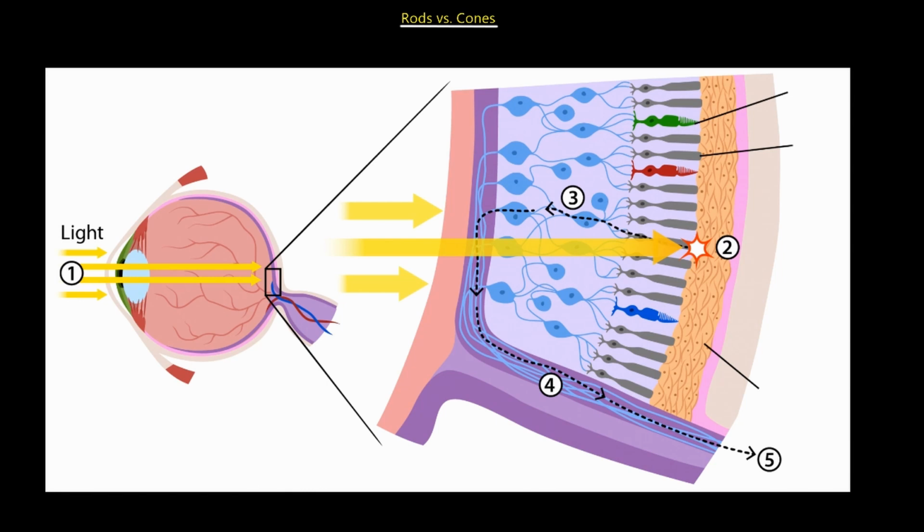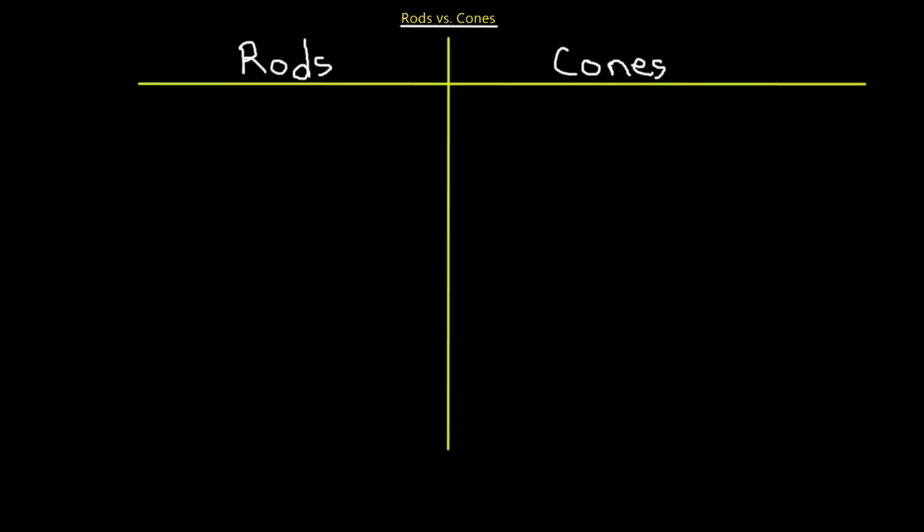So let's compare the rods and the cones and make a comparison of what they do and what they're used for and what their mechanisms are. So typically the rods are capable of scotopic vision, which is low light levels. So low light, we are going to be using rods. So the rods are going to capture that low light atmosphere. And because they have a low spatial acuity and do not mediate color, there's going to be no color with rods.